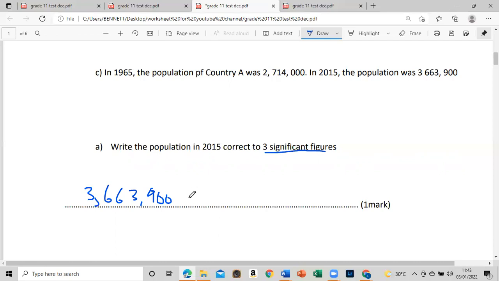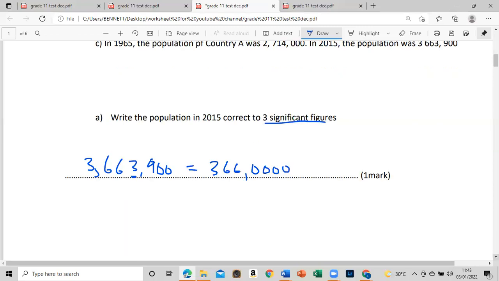So for significant figures, it will be 3, 6, 6, right? So we go right to this. It's less than 5, so we can just use the zeros to hold the space. The number will still be the answer, but we can just add zeros, because zeros are insignificant. So that's 1 mark.